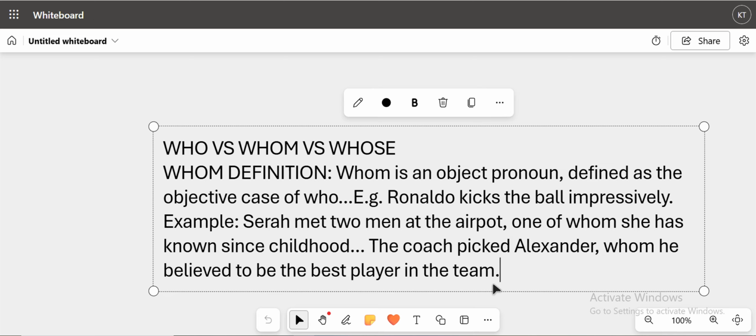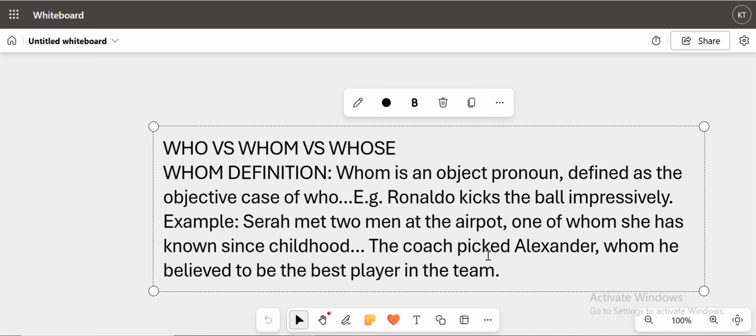Now, the coach picked Alexander. The coach here is the subject. Alexander here is the object because he was the one that was picked, and the verb is picked.